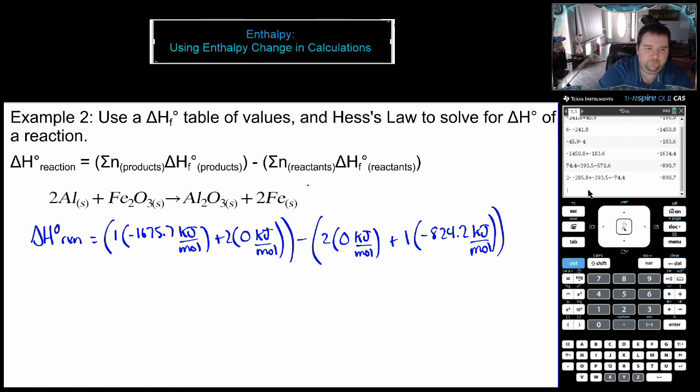So now we have 1 times negative, so I'm just going to type in negative 1675.7. That next part is 0. And then we're going to be subtracting negative 824.2.